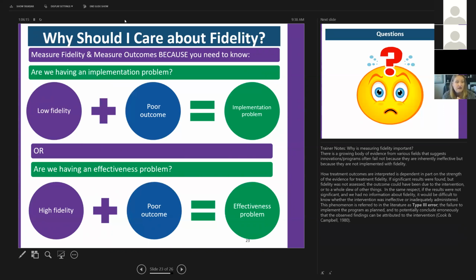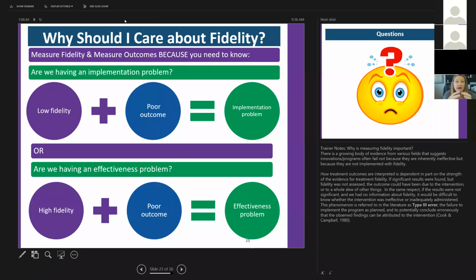What do I mean by that? If you are implementing with low fidelity, in other words, you're not doing what you intended, and you're seeing poor outcomes, you might not know why. But if you are measuring for fidelity and you start to see bad outcomes and you're not implementing the way it was intended, you probably have an implementation problem, not a program fit problem.